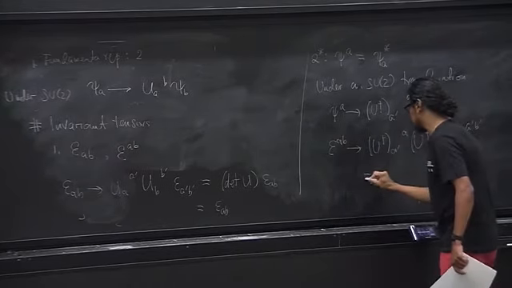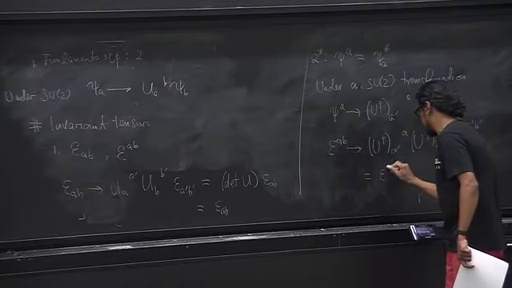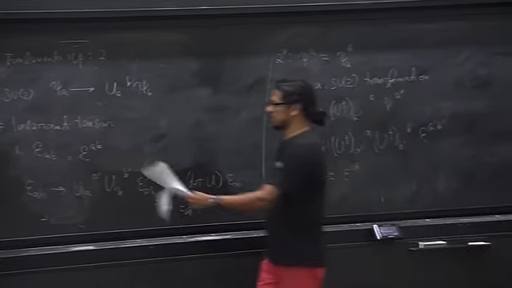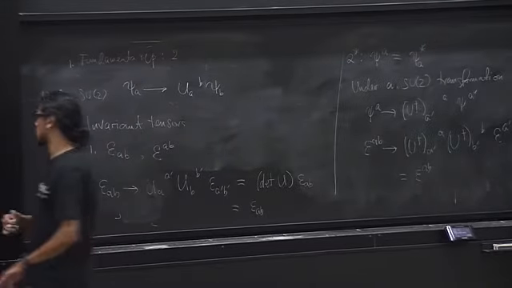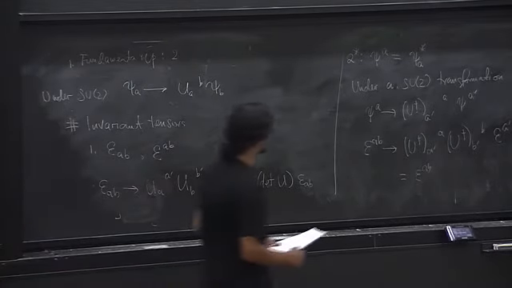Again, by the same logic, the determinant of U dagger is also 1, so we get epsilon AB. It doesn't matter whether the indices are downstairs or upstairs. They're both invariant.